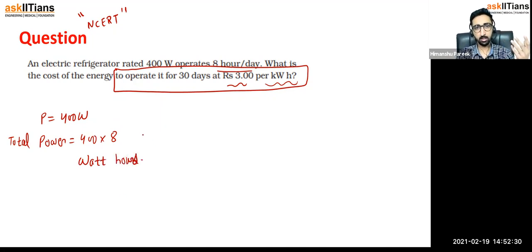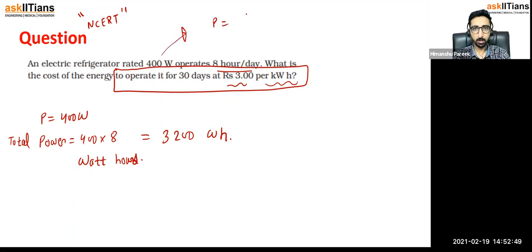So basically, the final answer is 3200 watt hours. This is the amount of energy which will be used. Are you getting my point?